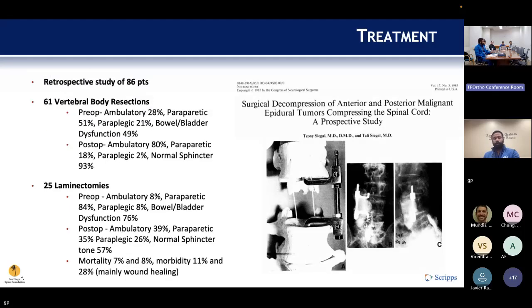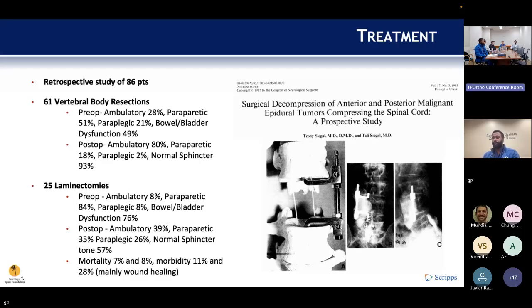Then 9 years later, there was a retrospective study looking at excision primarily through vertebral body resection versus laminectomy, more speaking to the decompression as a function of taking pressure off the cord from the area of compression, which typically is going to be anterior based compression in spinal mets, rather than just looking at whether or not surgery was done in their study.